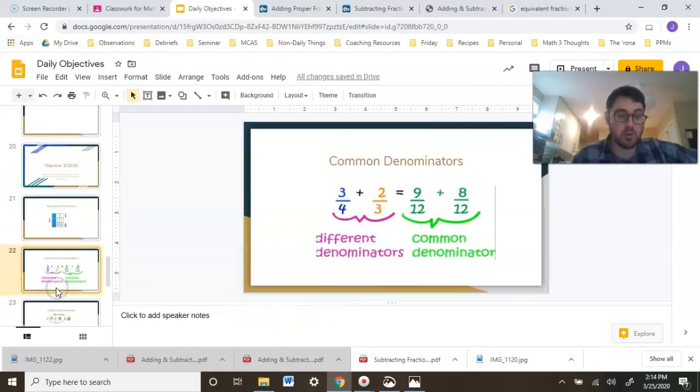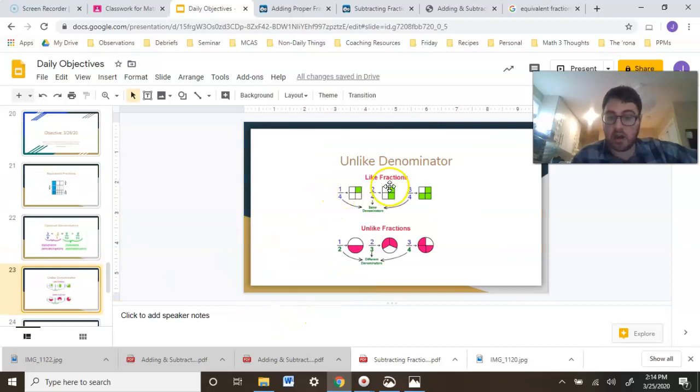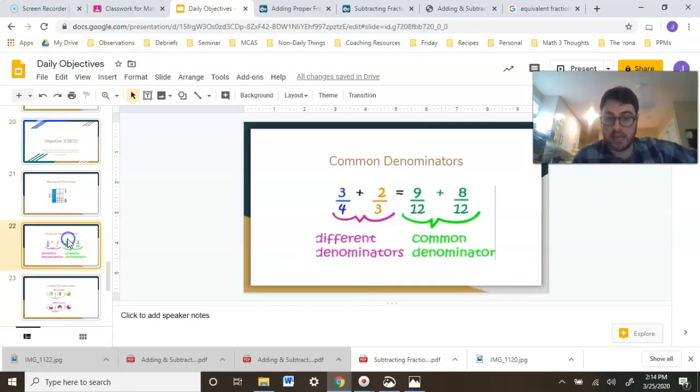So aquí hay like denominators, unlike denominators, different denominators. So what we're going to do, in other words, today is cambiar esas fracciones hasta estas fracciones y para sumar o restar. Okay.